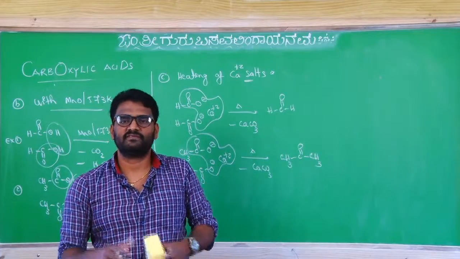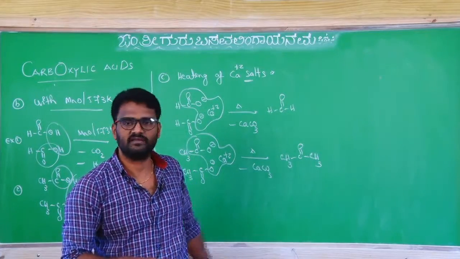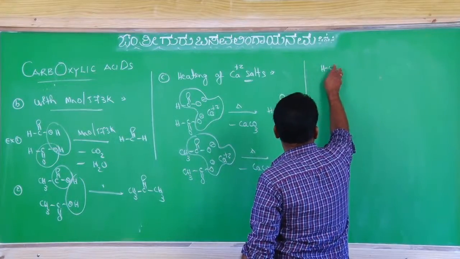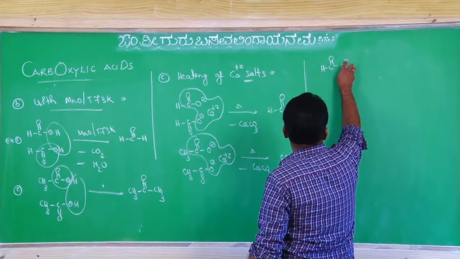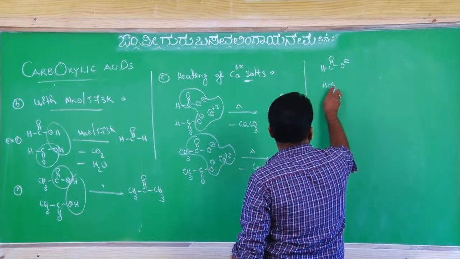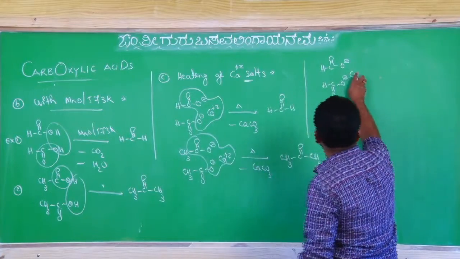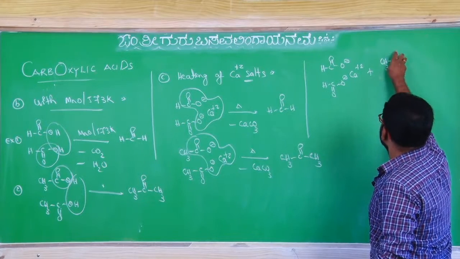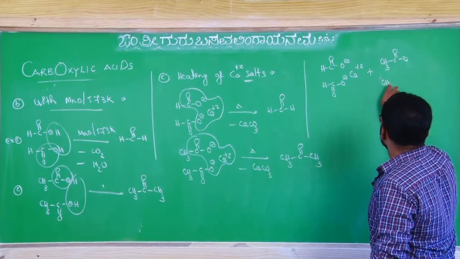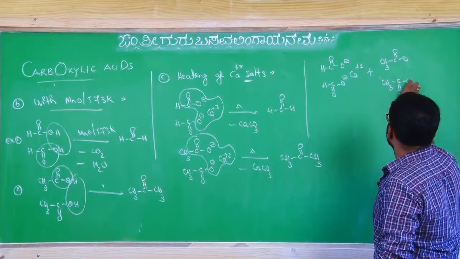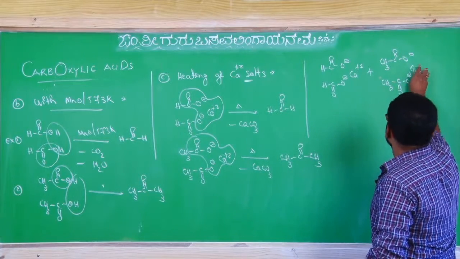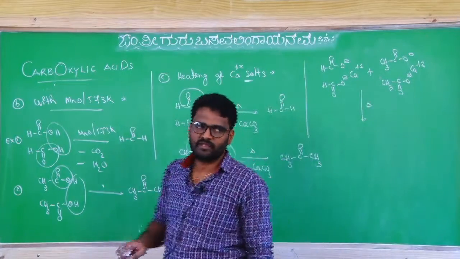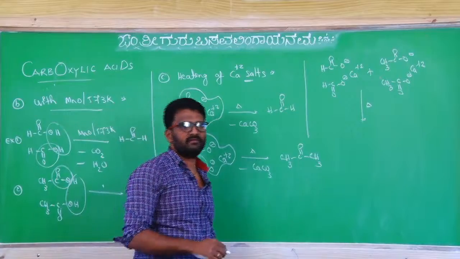Heating the salts of calcium formate and calcium acetate, both salts together, what will you get as a product here? On heating this mixed salt, you will get mixed products.